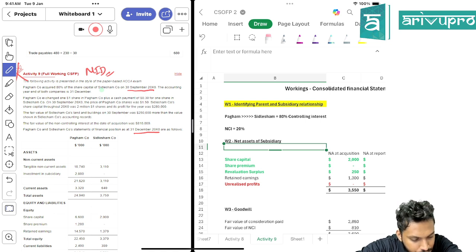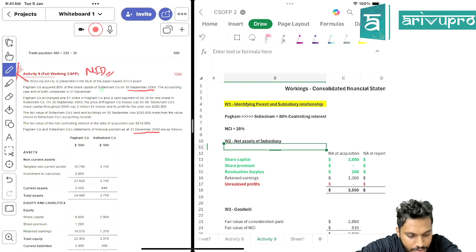S company's share capital throughout 2010 was 2 million and its profit for the year is 280,000. So profit for the period is how much? 280,000. The fair value of S company's land and building was 250,000 more than the value shown in S company's accounting records. So more than the accounting record is 250,000 plus.